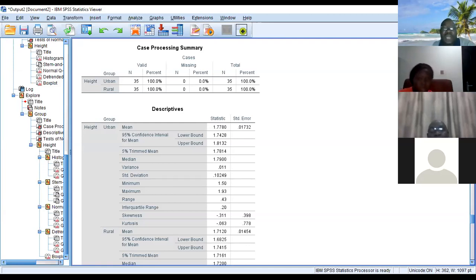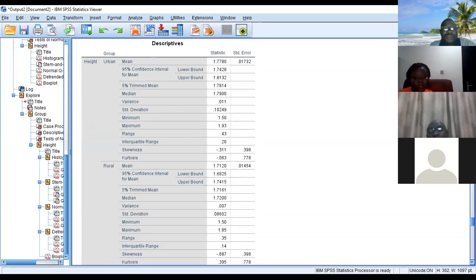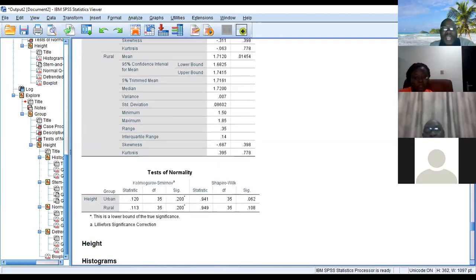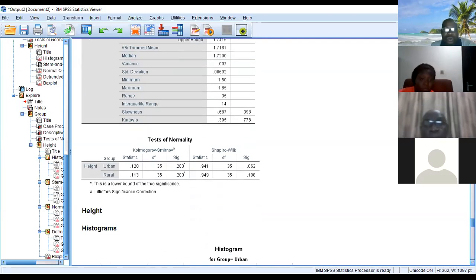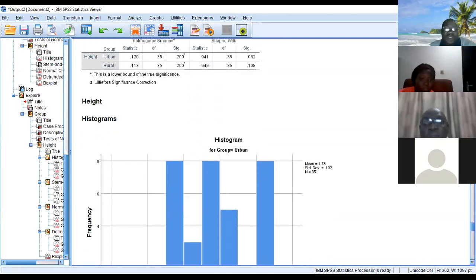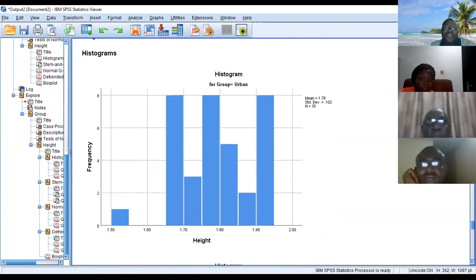Scroll down, and let's see everything. Are you with us? Are you tired? No, sir. Can you see both groups? They are not significant also. Now the sample size is small for each of them, 35. So that's one of the things that will make it not even look normal.